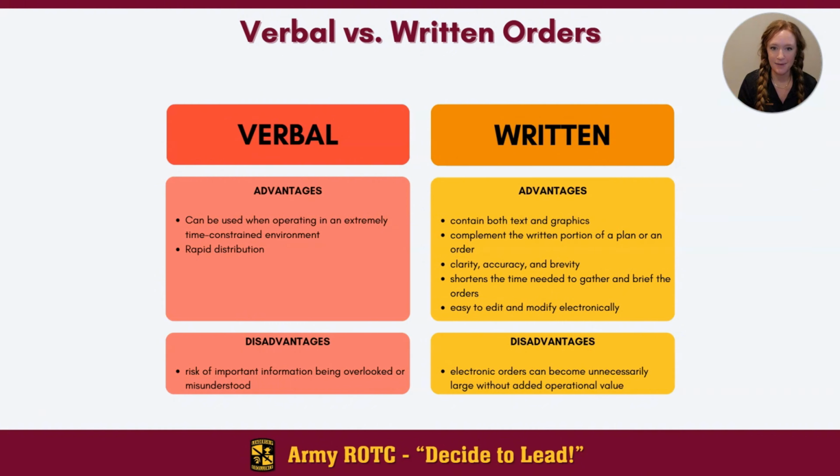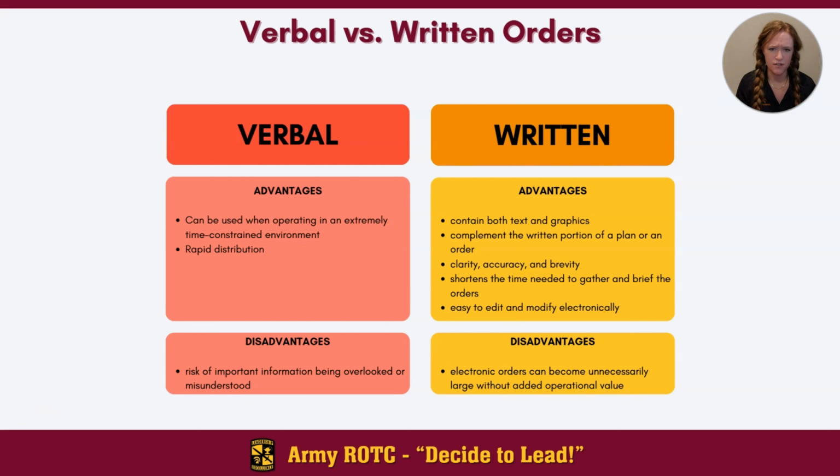So we don't have time to write out or type out a whole order and then give it to people. We just need to think it, say it, and have it delivered to them right then and there. Now, a disadvantage of your verbal order, sometimes when it's said quickly or it's just from my mouth to your ears, things might be misconstrued, misinterpreted, misunderstood, or important elements might just be overlooked altogether.